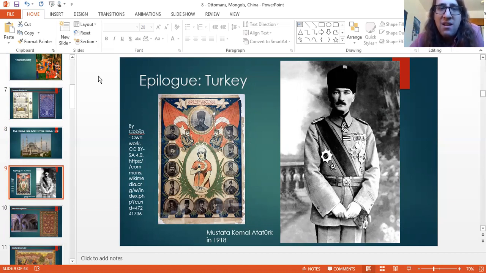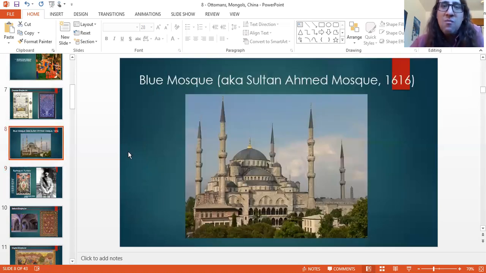And it has a lot to do with a guy named Ataturk, who is sort of a national leader and national hero to Turkish identity, establishing this new nation that was going to be basically the core of what had been the Ottoman Empire.